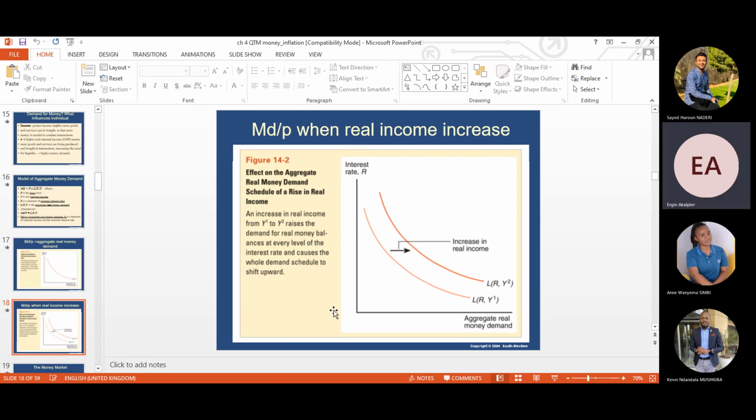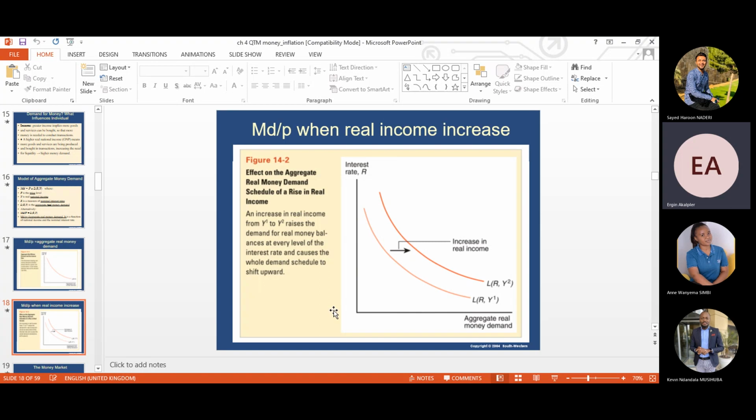The figure also illustrates the effects on the aggregate real money demand schedule of a rise in real income. Suppose that the real income shifts from Y1 to Y2, L(R, Y1) to L(R, Y2).